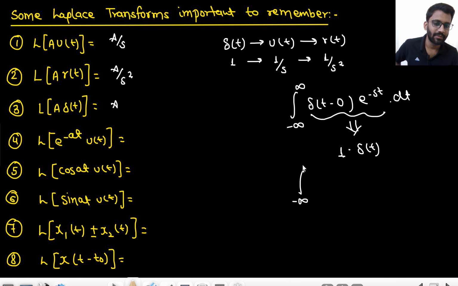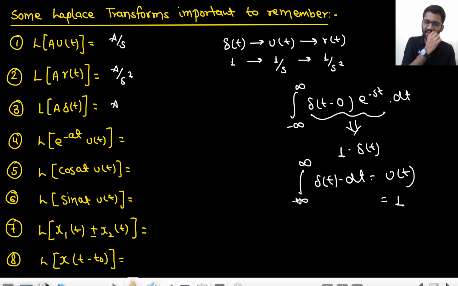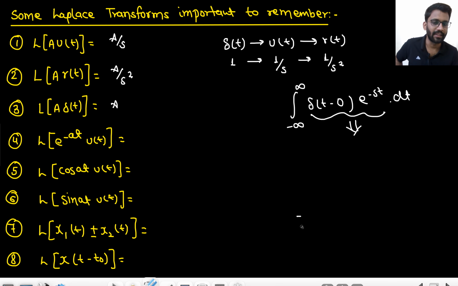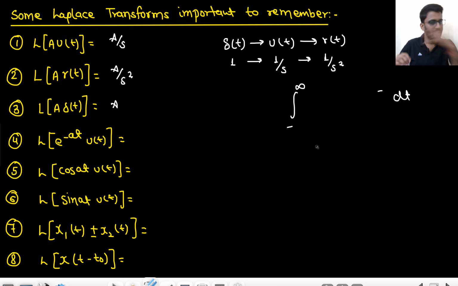So now your function becomes integral from minus infinity to infinity of delta t into dt. And now tell me, what is the integration of this? That is u(t), or you can simply write 1, right? Because it is from minus infinity to infinity, you can write it as 1. Eventually you get the final answer as 1 only, and if there was a constant, you could write it outside.